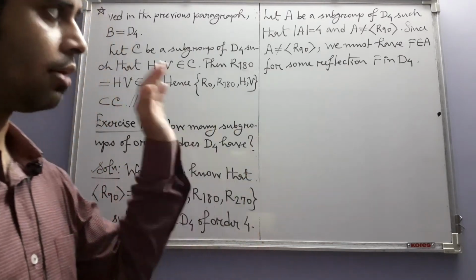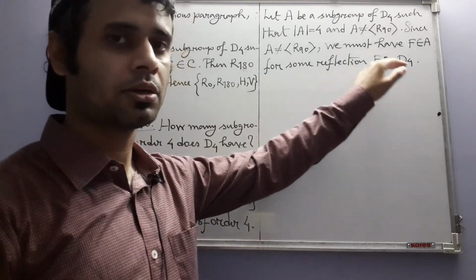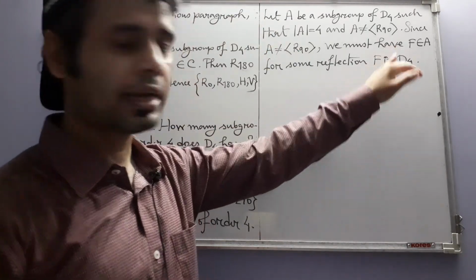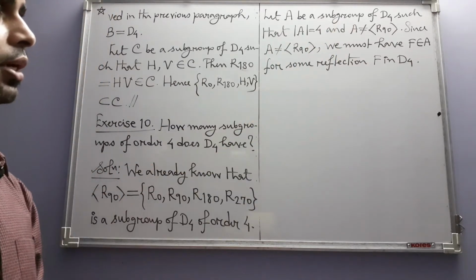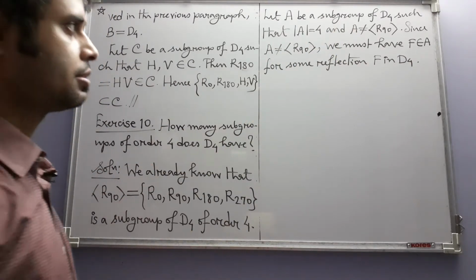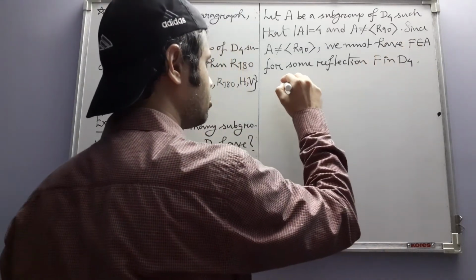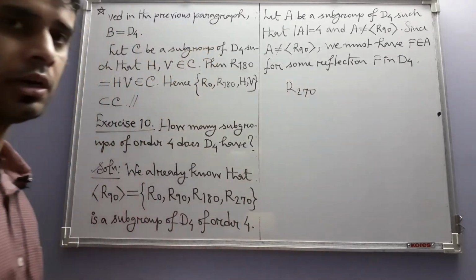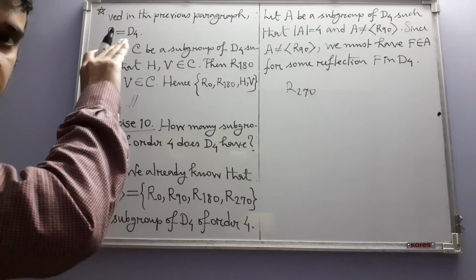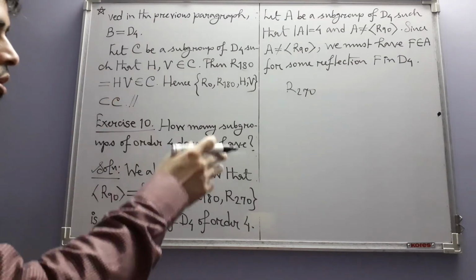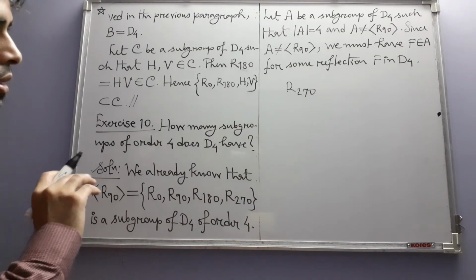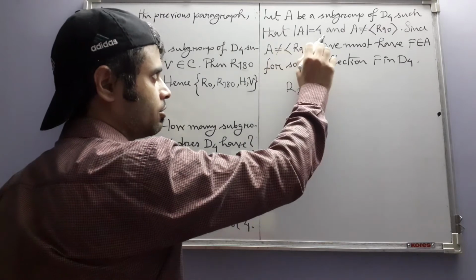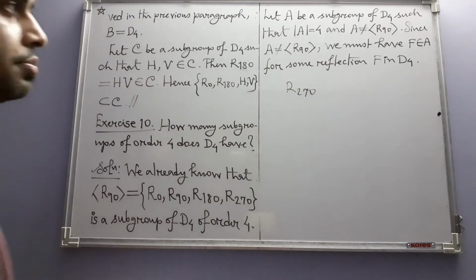A has a reflection, but at the same time A should not have the rotation R270, because if it does, then by the solution to the previous exercise, A will be equal to D4, which would contradict this condition that A has order 4.